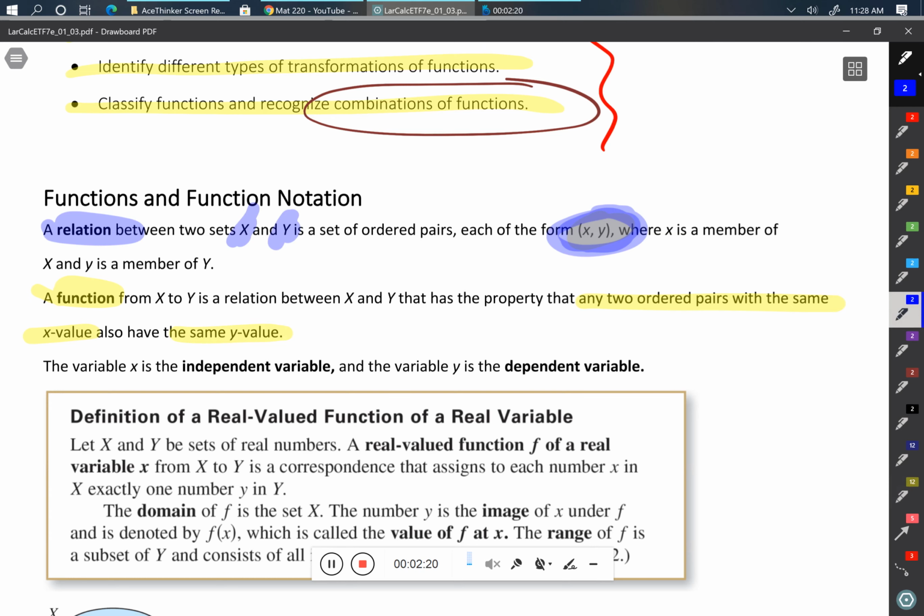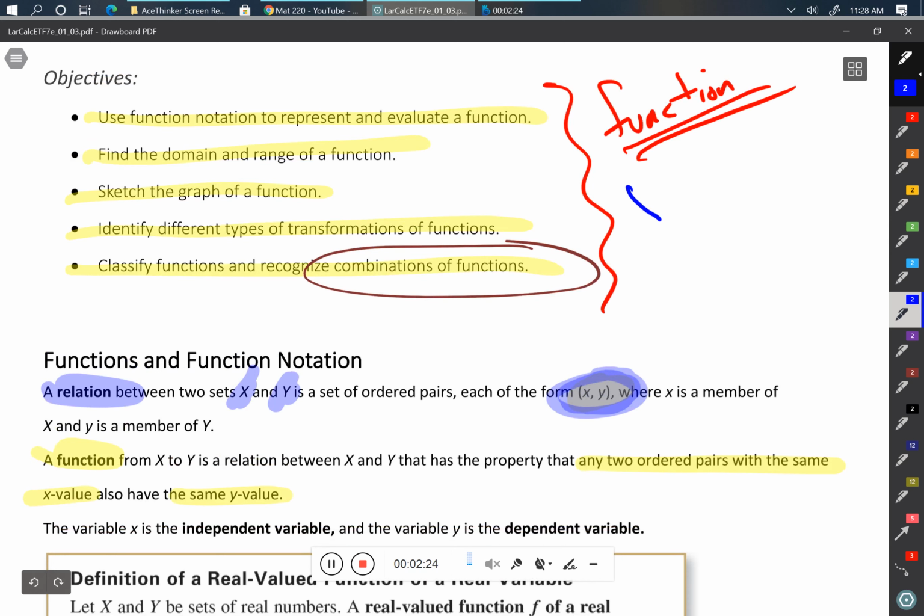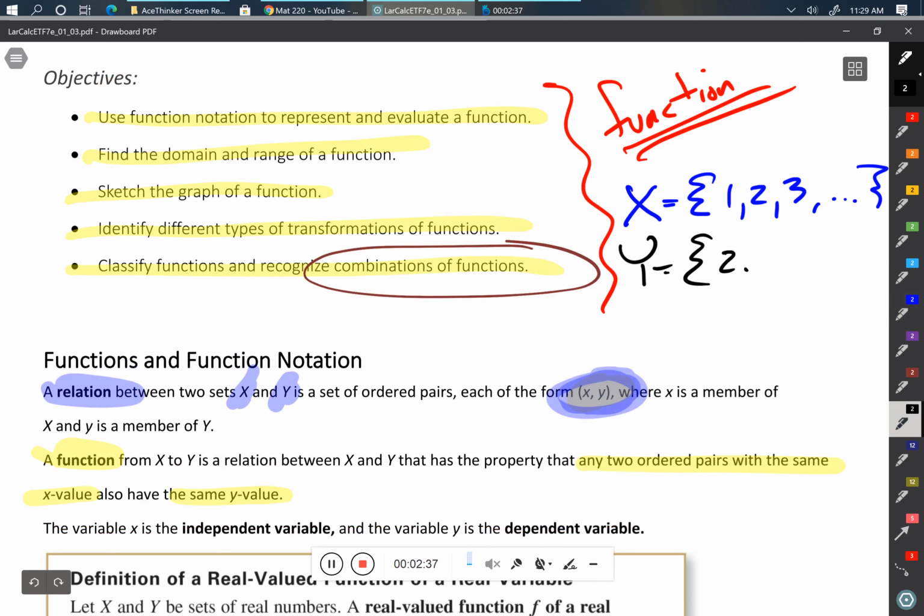So what this means, if I can just give you a real simple, quick example. Suppose that I told you that X was the set 1, 2, 3, ellipsis, goes on forever and ever. And I told you then that Y was the set 2, 4, 6, and so on. And then I could say that ordered pairs are always of the form (n, 2n).